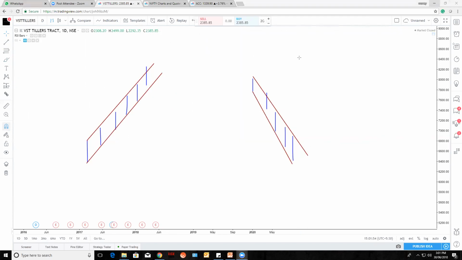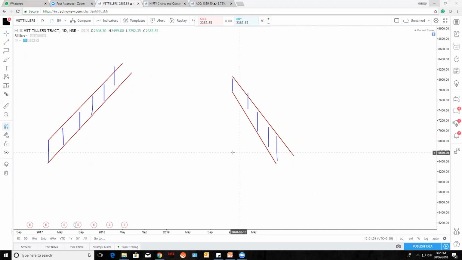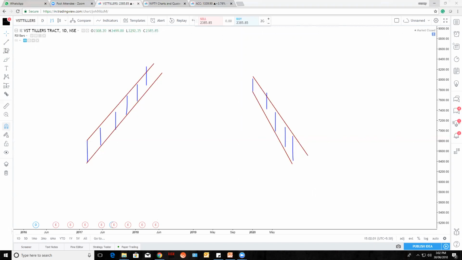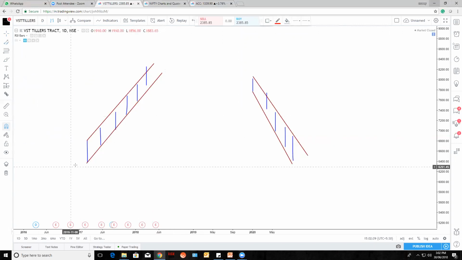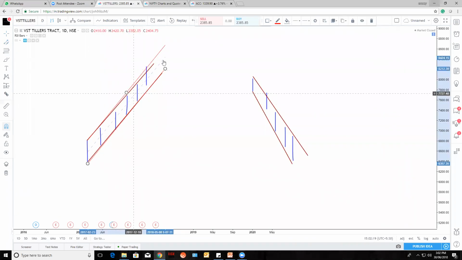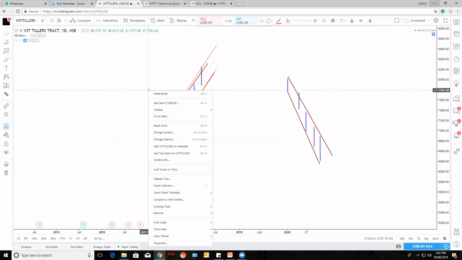To draw the channel, you just need to use the tool. There is already a parallel channel tool. Are you seeing this parallel channel? You just need to connect from the lows and pull it across, then pull the line to connect the other high. If you connect one high, the channel will automatically draw the remaining lines.